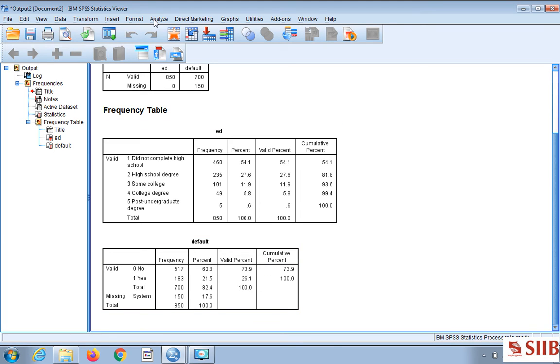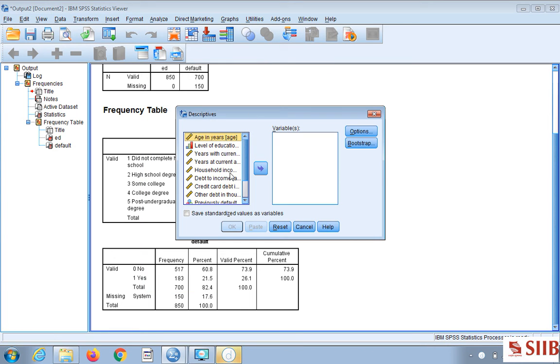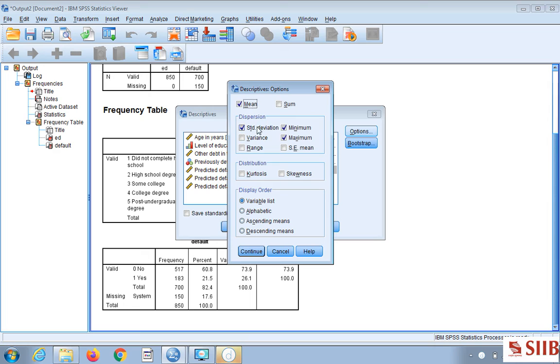The same we will proceed with the descriptive statistics, that is descriptives. Now for scale variables only we have to use these descriptives. So let us see. For our understanding, I have selected a few. I don't want min and max; I just want mean, standard deviation, skewness and kurtosis.